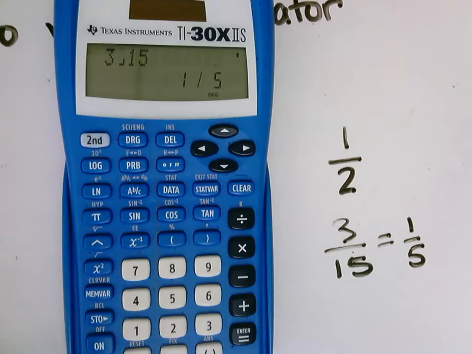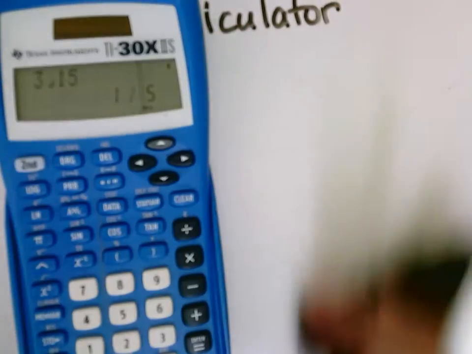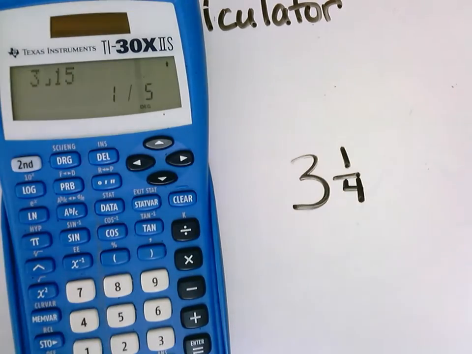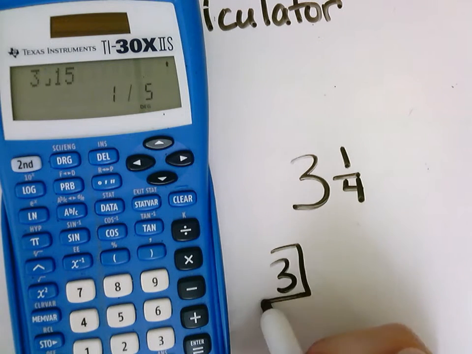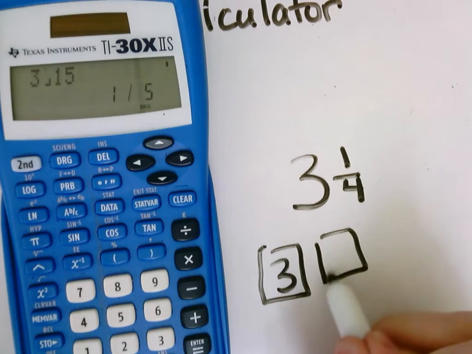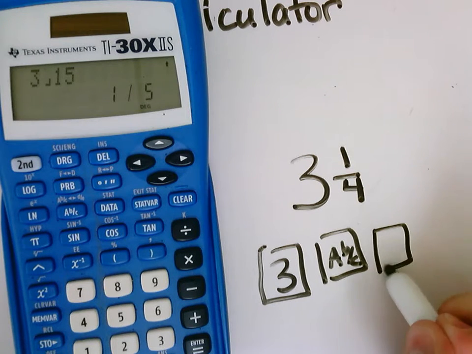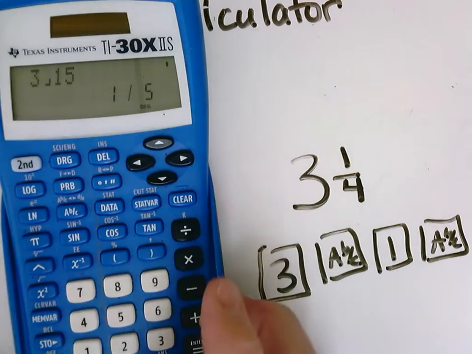We can also put mixed numbers into the calculator. Let's say I wanted to put in 3 1/4. I'm going to hit that 3 button, then the ABC button, then the 1, then the ABC again, and then the 4. Oops, I don't have my 4 on there, so let me clear this.